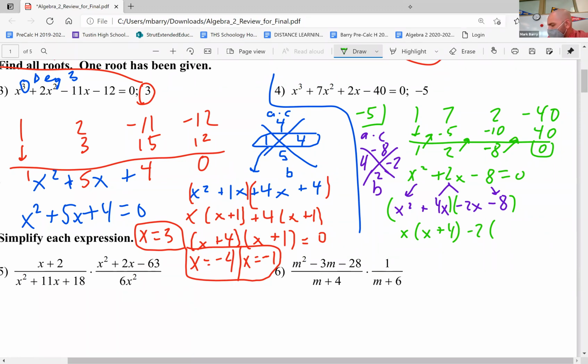And when we take out a -2, that switches the signs and turns this into positive x plus 4. So then I can write this as x minus 2 times x plus 4 equals 0.